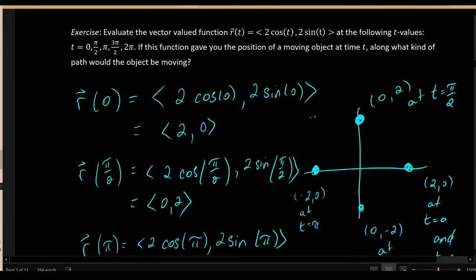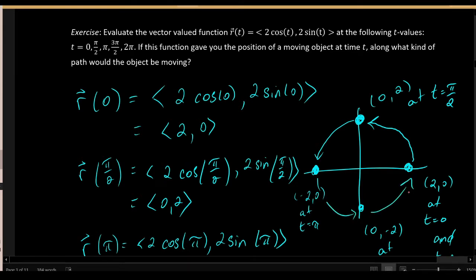We've evaluated the vector-valued function at these 5 input values, and the question is, if this function gave you the position of a moving object, what kind of path would the object be moving along? We started on the right side of the unit circle, and then we curved up toward the point at the North Pole. Then we curved down to the point at the left side of the unit circle, then to the bottom, and then back up.